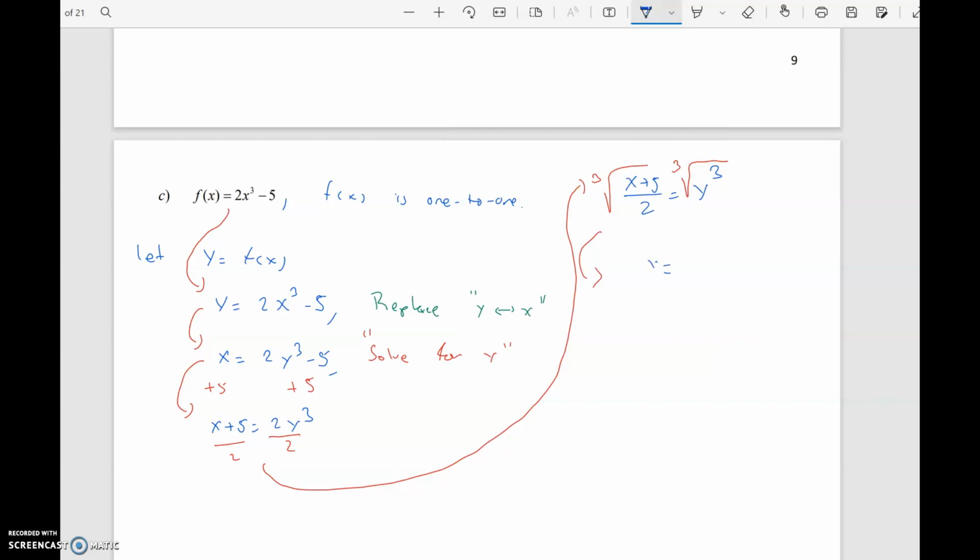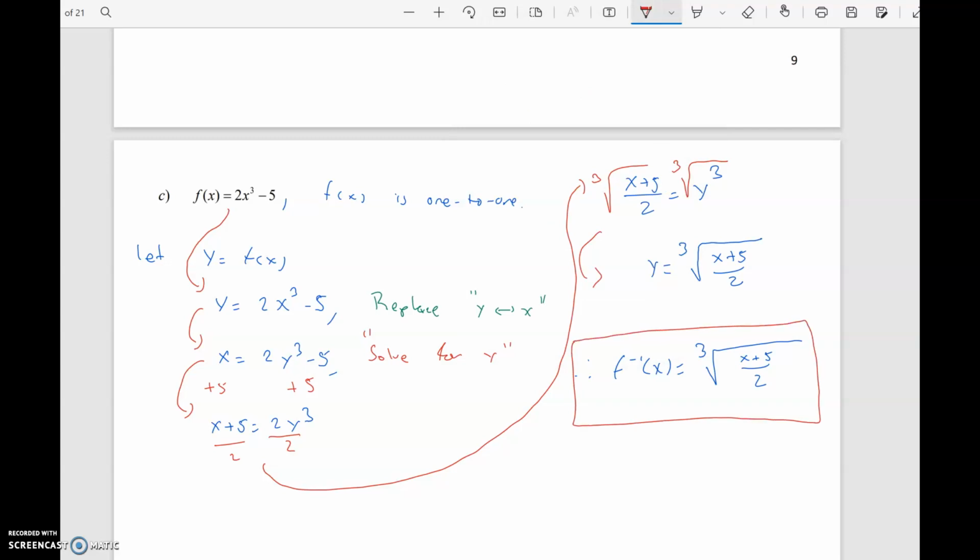We can just rewrite it as y is equal to the cube root of (x plus 5) divided by 2, and then the inverse function happens to be the cube root of (x plus 5) divided by 2. Once again, cube roots happen to also be 1 to 1, so no need to restrain the domain. That's actually it for problem C.